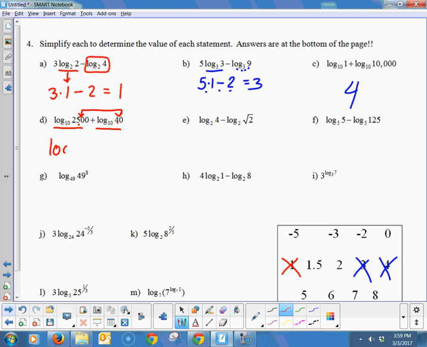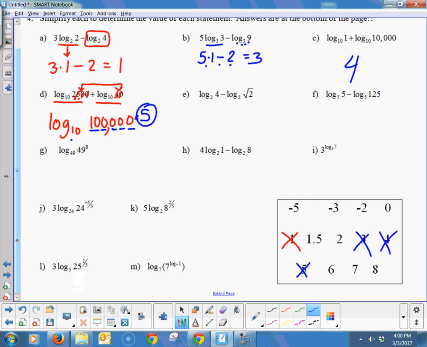So I'm going to get log base 10 of, 4 times 25 is 100, and then 1, 2, 3 zeros. So 10 to what power is all this? Well, that's 10 to the first, second, third, fourth, fifth. So I get 5. Yahoo! That was a little tricky.